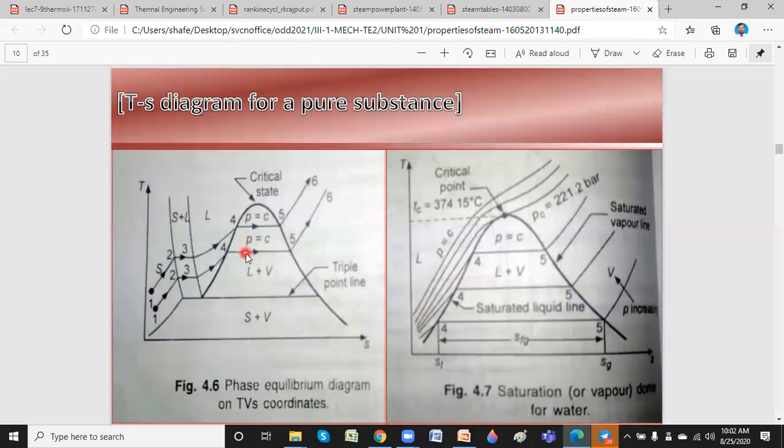I can find HF at 4 and Hg at 5 from the steam tables. But what about any point in between? I don't know how much is liquid and how much is vapor, so that I can calculate the enthalpy.